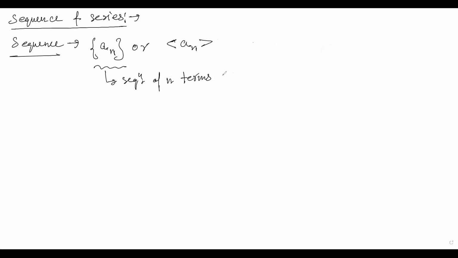What are those terms? These terms are a1, a2, or also you can use tn. Tn also tells you the term from 1 to n. So sequence of n terms माने तो a1, a2, a3 और चलते चलते ऐसे an last term. So there are n terms, right?